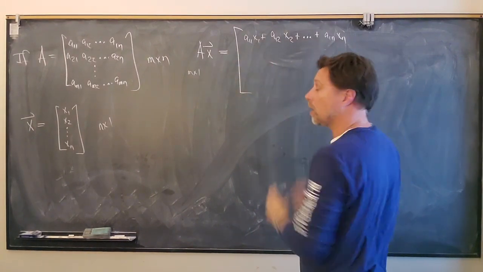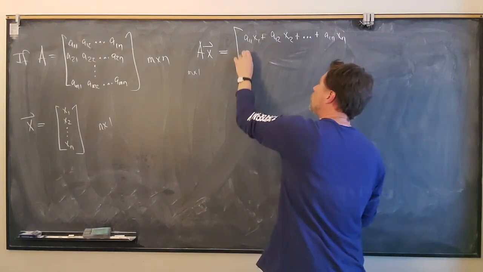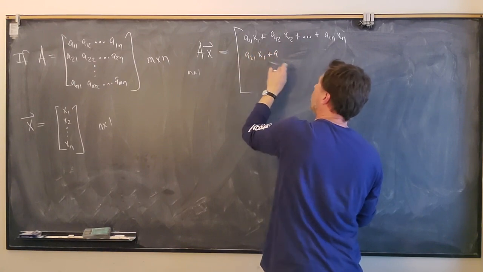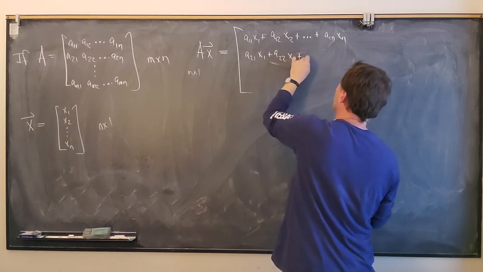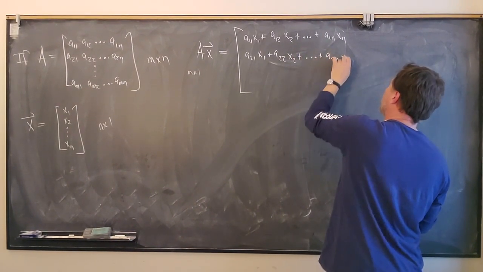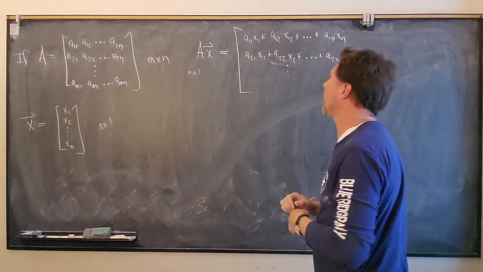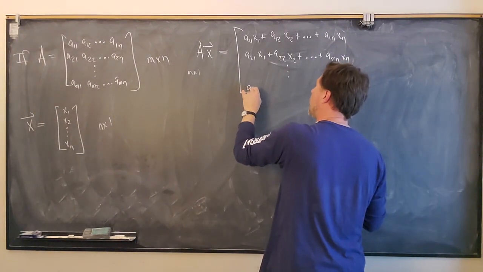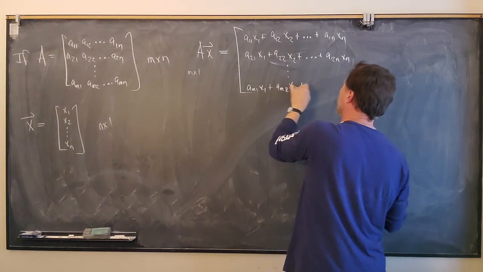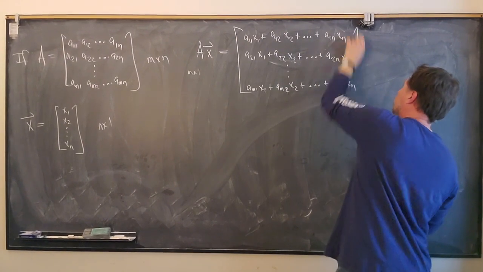This is actually a skinny column vector, right, once you do the arithmetic here. Then we will have A21 times x1 plus A22 times x2 plus dot, dot, dot, plus A2n times xn. And you keep going. Eventually what we'll have is Am1 x1 plus Am2 x2 plus dot, dot, dot, plus Amn xn.